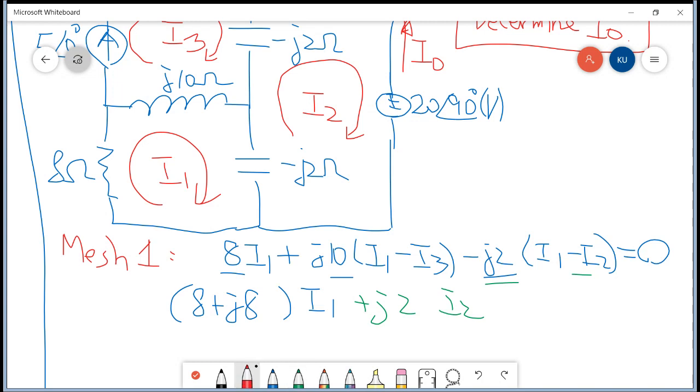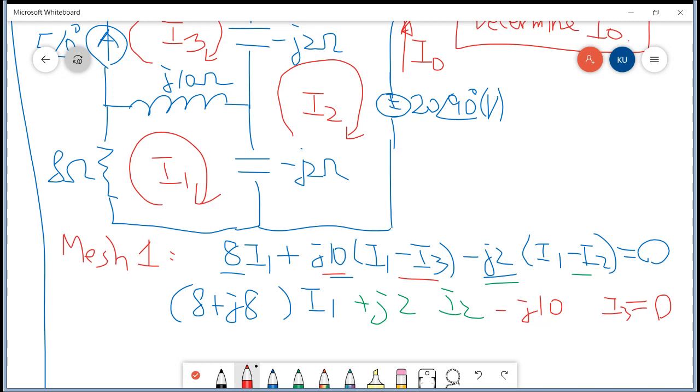And for I3, the right hand side will be equal to 0, so we have only this one, minus J10. So this is the first mesh equation.